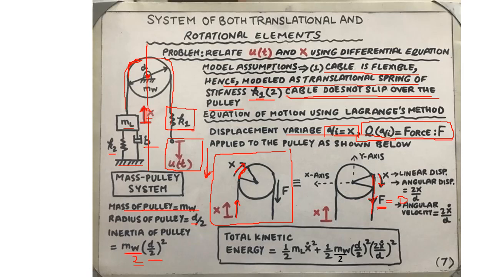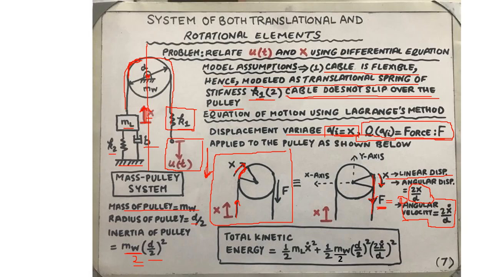So right now, remember that the displacement variable x is taken in the direction of force. x is a linear displacement, and the corresponding angular displacement is simply x over r, which is x divided by d over 2, or 2x divided by d. The corresponding velocity will then be the angular velocity, simply the time derivative of the angular displacement, 2 over d times x dot.